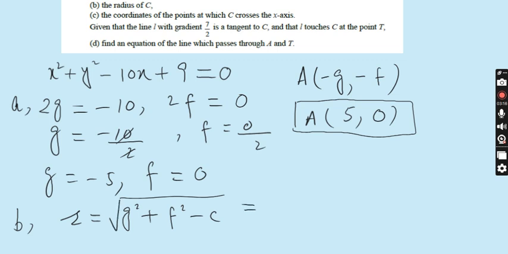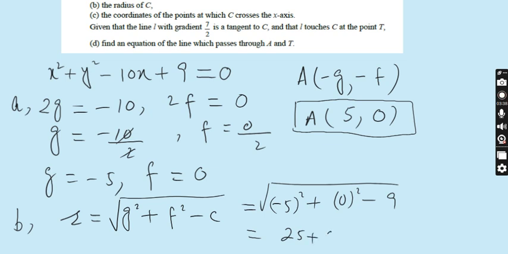Here g is negative 5 square, f is 0 square, minus c. c is the constant term. The constant term in this question is 9. So minus 5 square is plus 25, 0 square is 0, minus 9. 25 minus 9 is 16, and root 16 is 4. Hence the radius is 4.